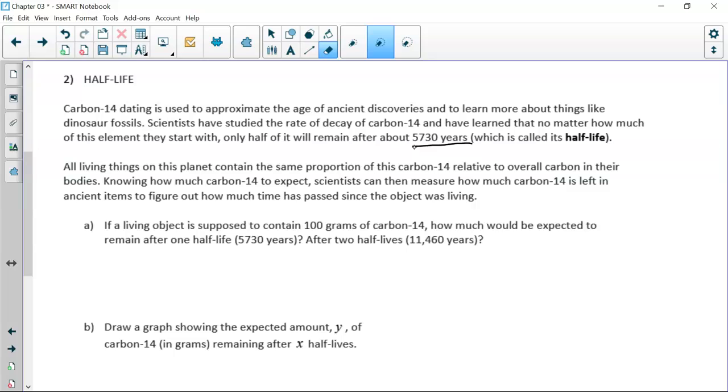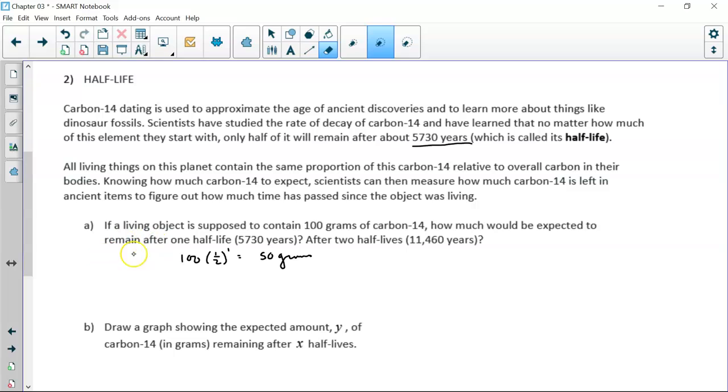So looking at it, they're saying if we start off with 100 grams, how much would you expect after one half-life? So what we have here is our initial 100 times, now our multiplier is 1/2. We have half of our value. So in one half-life, we'd have 50 grams.